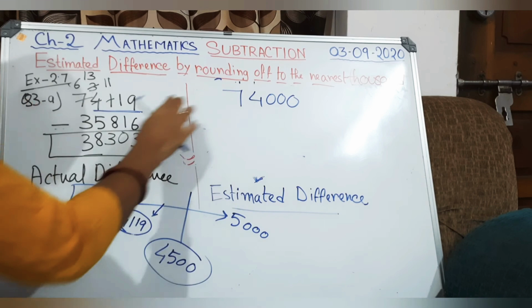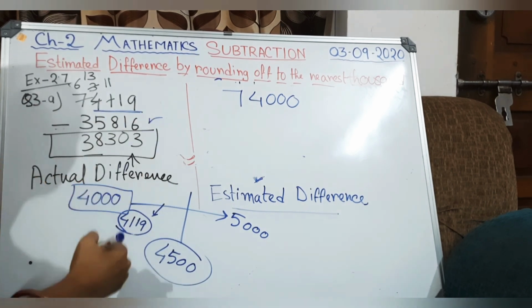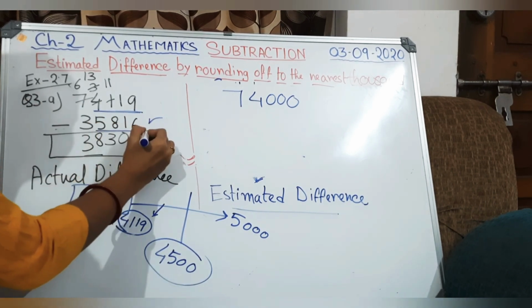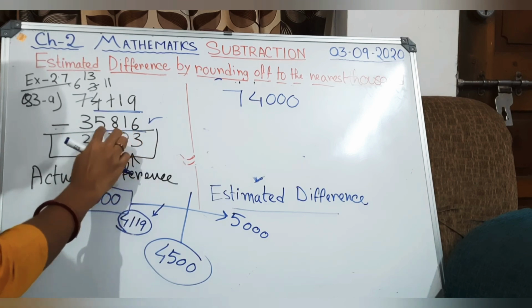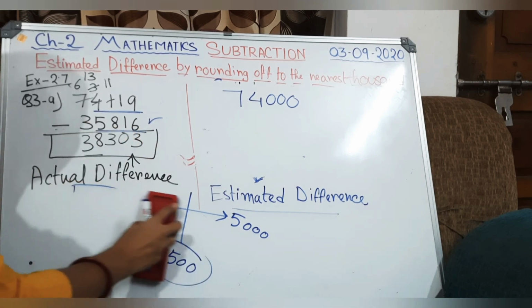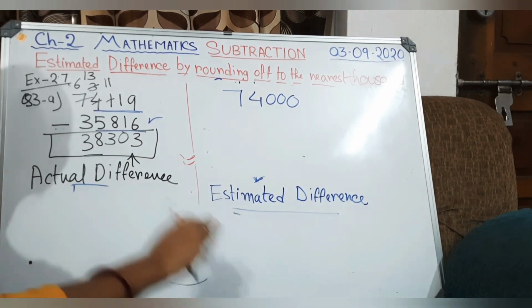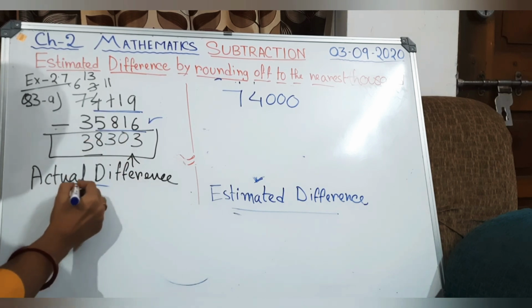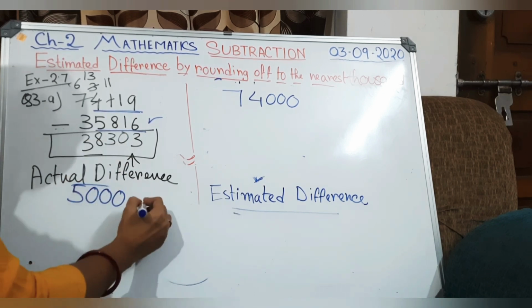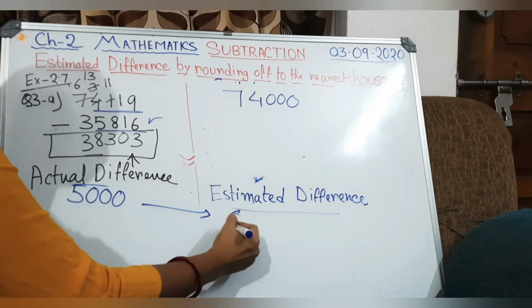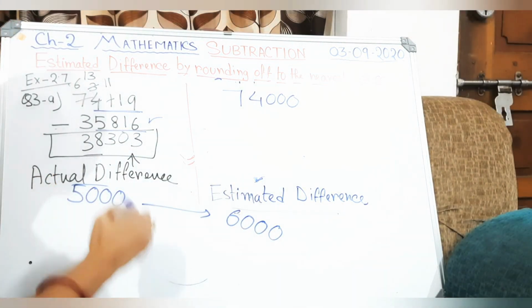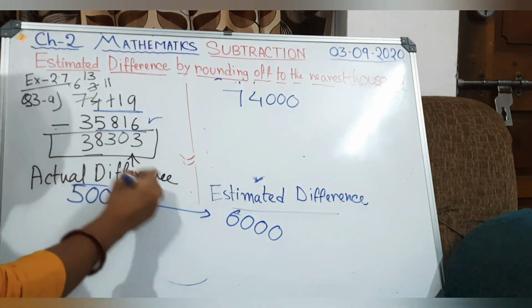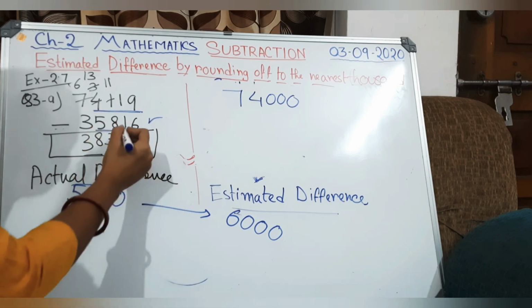74,000. Now I will change this second number from the thousands place. Ones, tens, hundreds and thousands. So here my number scale is starting from 5,000 and its last limit is 6,000. And my given number is 5,860.